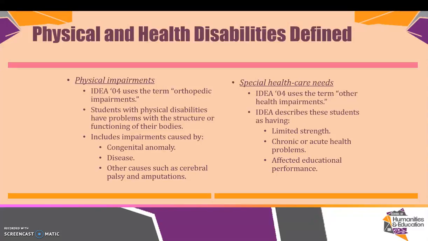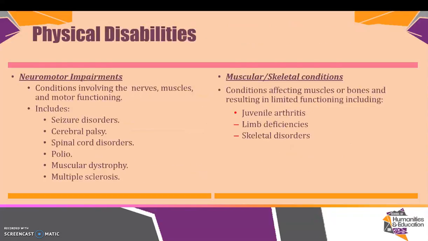It relates to problems with the structure or the functioning of the body. Special healthcare needs or other health impairments are those that relate to disease or chronic illness. So they would result in a person or the student having limited strength, chronic or acute health problems, and obviously those would affect educational performance.